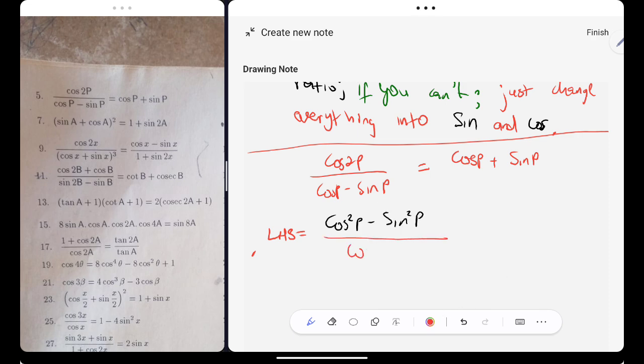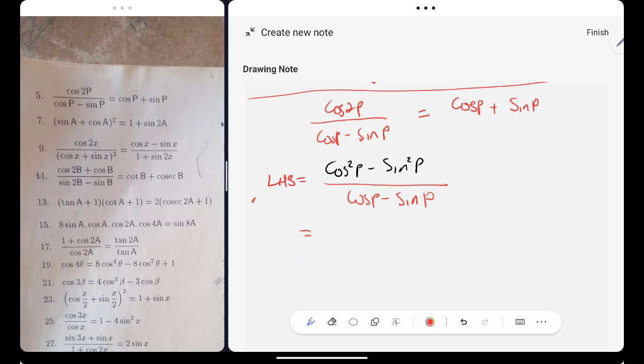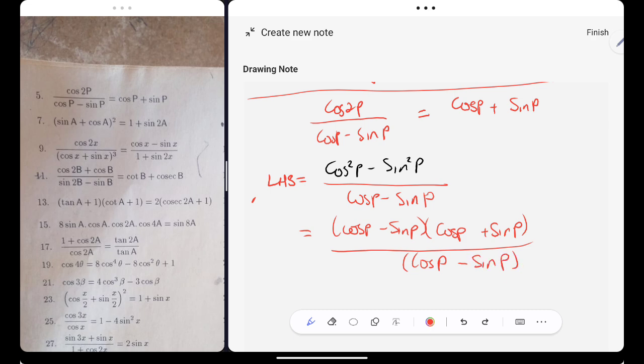And then this thing is still cos p minus sin p. But at the top, this thing can be factorized because we have a difference of two squares. So we'll simply say cos p minus sin p, and then cos p plus sin p, all over cos p minus sin p, and then this will go with this one.